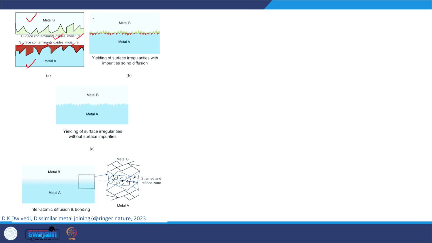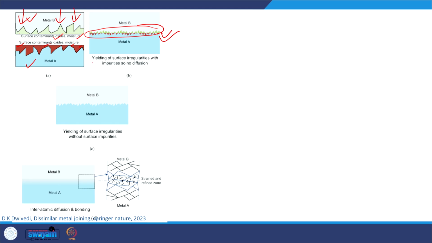So, the first job is to take care of these surface impurities, and efforts also need to be made to reduce the ups and downs, the peaks and valleys present at the surface. When these two components are brought together under pressure, these will collapse. When they collapse, metal to metal contact will be established at many places, but you will still see that a lot of gaps are left.